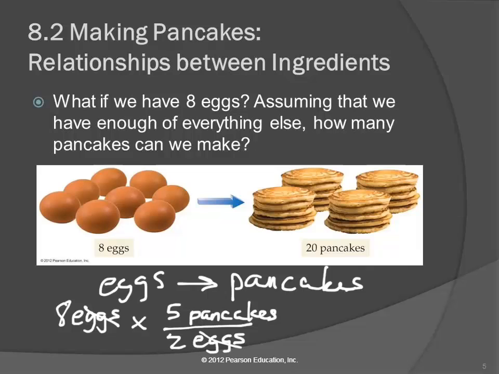It was 5 pancakes for every 2 eggs. It doesn't take 5 eggs to make 2 pancakes. That'd be more like an omelet or something. So then we've got 8 times 5 divided by 2, and we get 20. The answer is right above. 20 pancakes. Everybody okay with that?